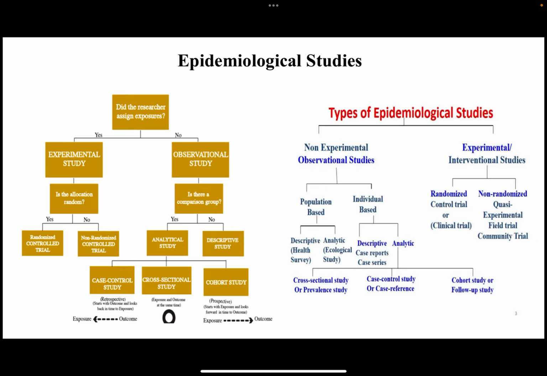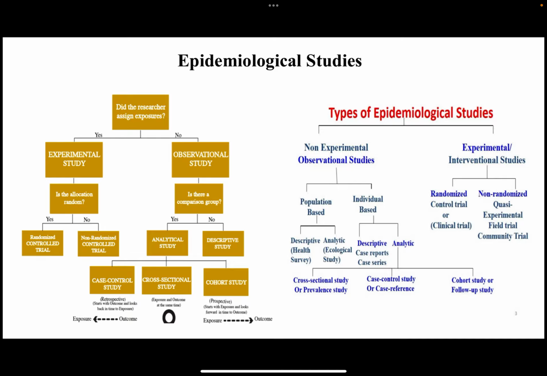So the cohort study starts from the exposure and monitors till an outcome is developed. Such a study is called a cohort study. But listen, we can also have a cohort study that is retrospective, and that is another subject on its own that we will discuss.